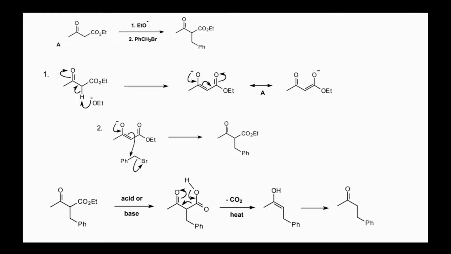Here, how it is removed: first you treat this ester either with acid or base, and that will convert this ester into a carboxylic acid. Now decarboxylation is a quite common reaction. Decarboxylation means removal of the carbonyl group. So you can remove this CO2 group from this acid, and then you generate this enol, which tautomerizes into the keto form. So as you know, enol and keto are tautomeric forms.